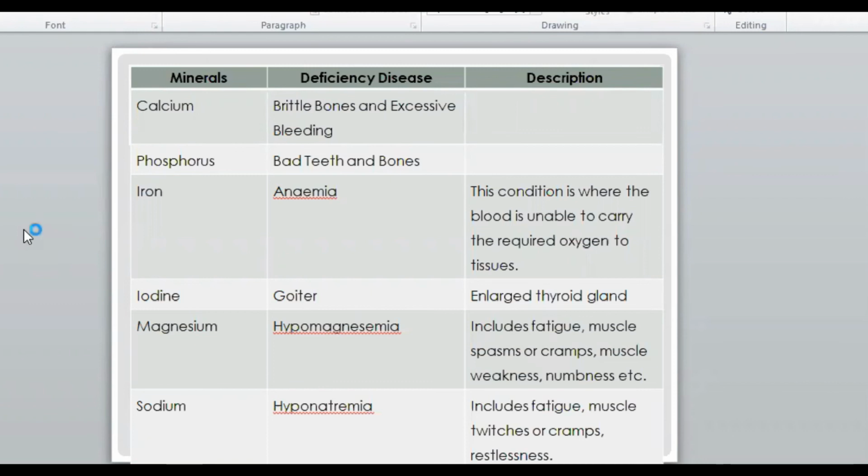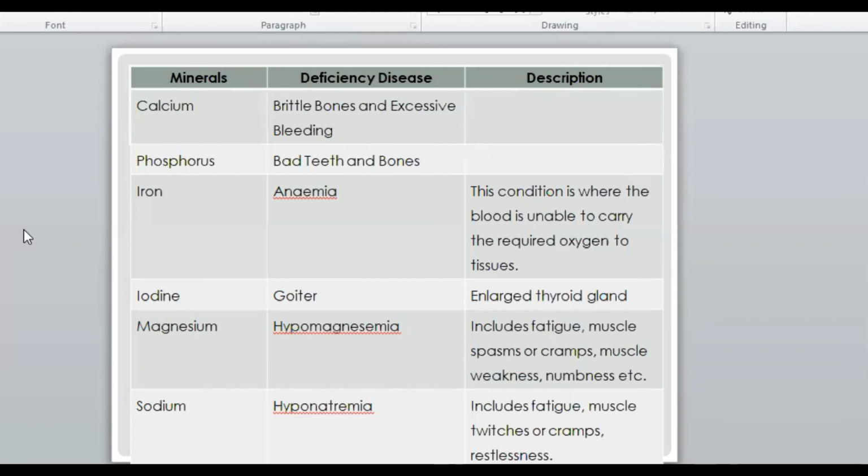Now, calcium and phosphorus, when we were looking at their functions, for those who can remember, they are important for your teeth and your bones. So if you have a shortage or a lack of calcium and phosphorus, it's going to affect your bones as well as your teeth.